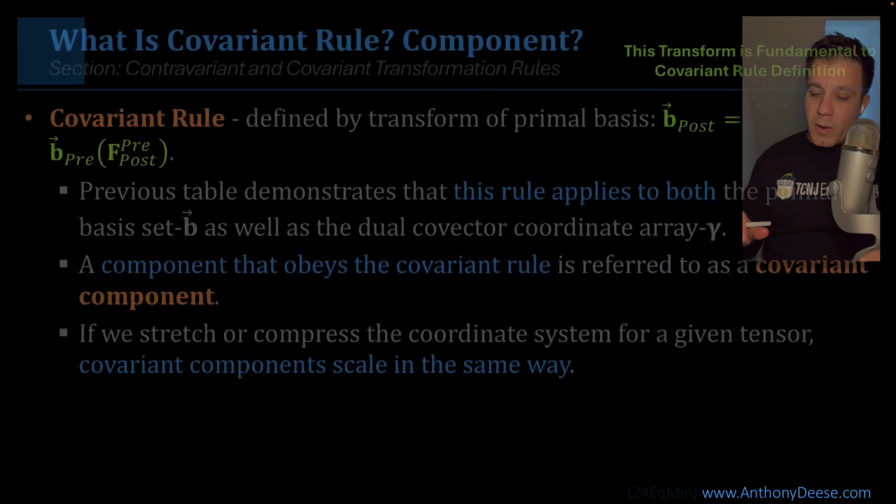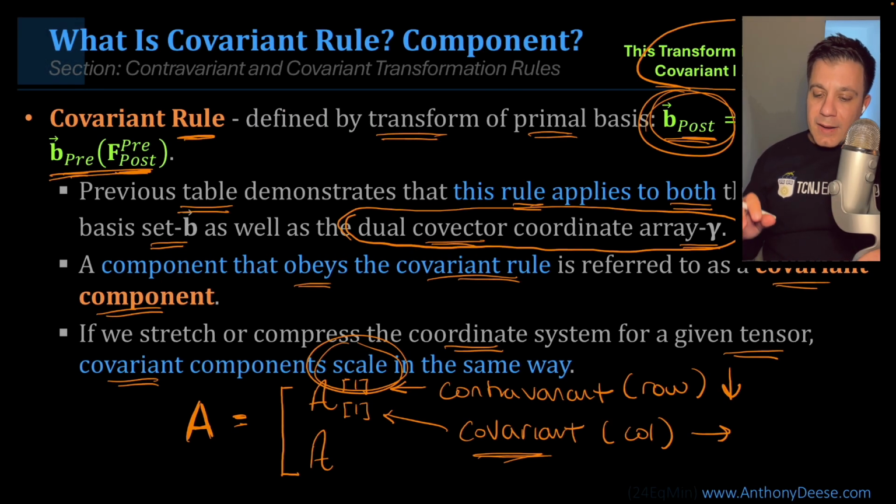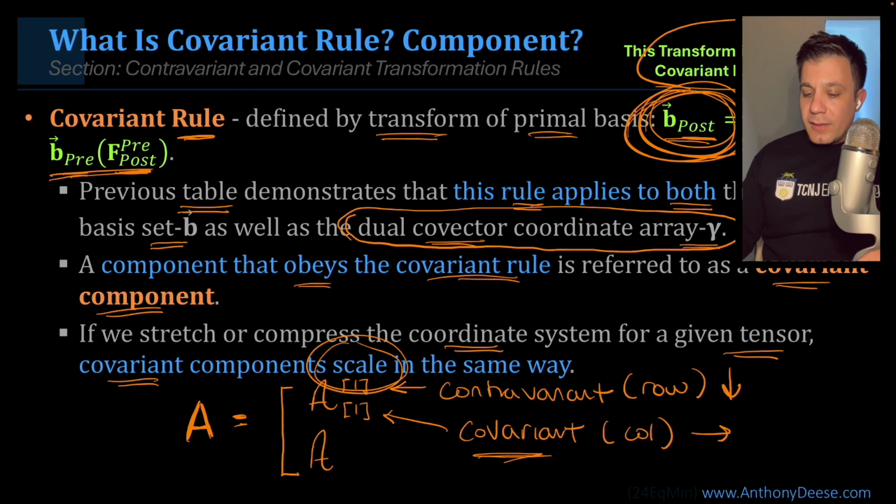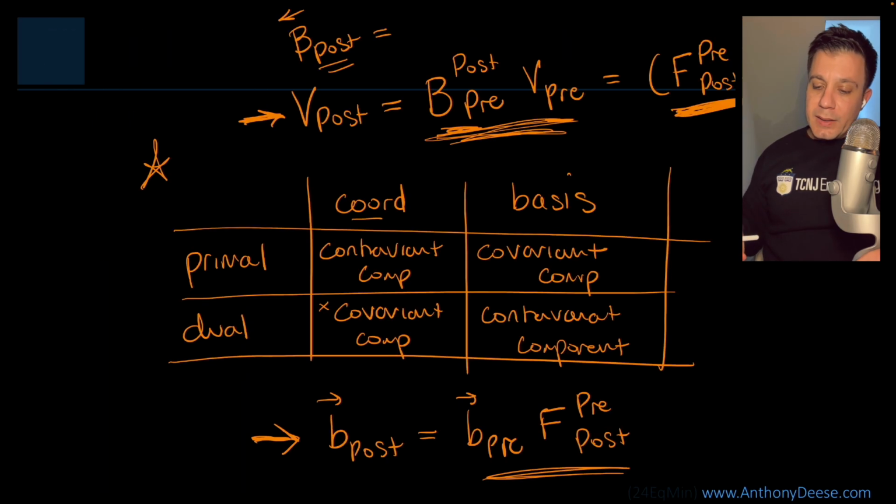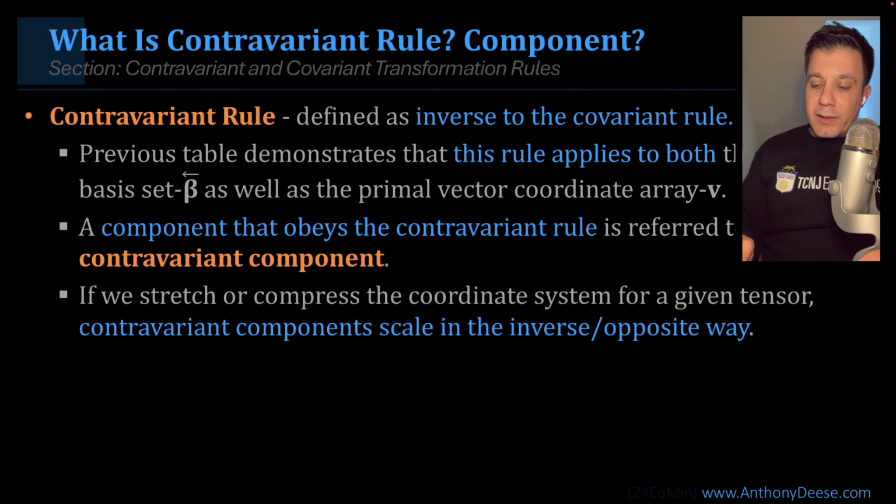Okay, so we've talked about what a covariant rule is. The covariant rule is defined by the behavior of the primal basis transform, and any component that follows the covariant rule is referred to as a covariant component. Now, a contravariant component follows the contravariant rule, and it's essentially just the opposite.